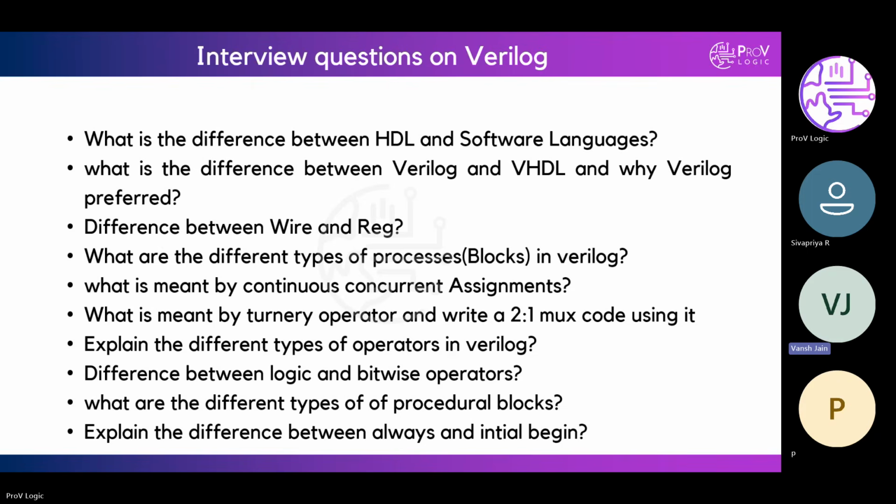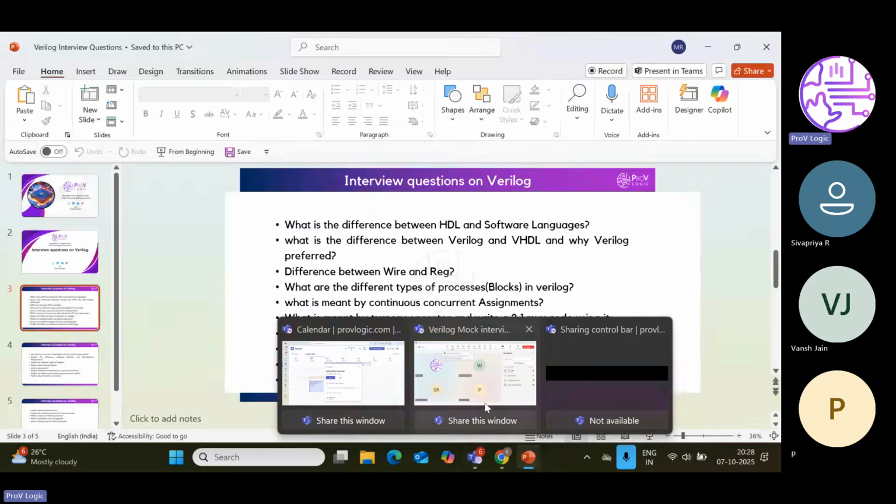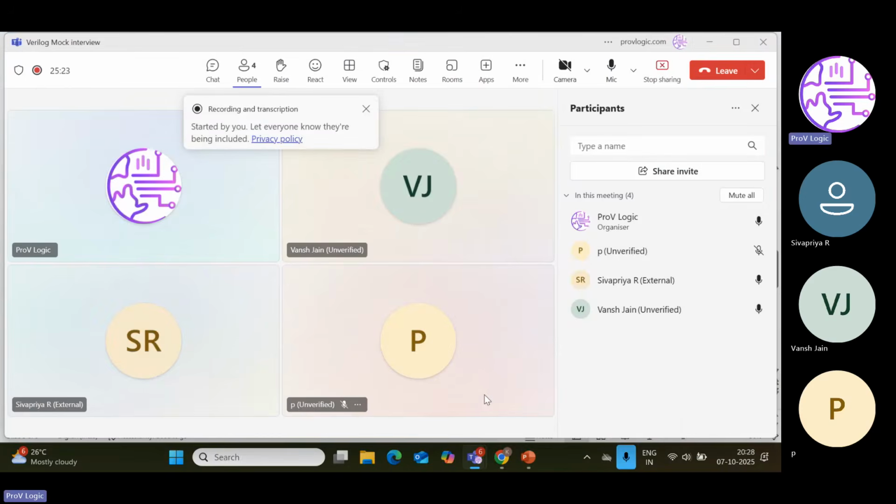If the condition is true, then we assign one value, and if the condition is false, we assign a different value. Can you write the syntax, or write a 2:1 multiplexer code for it?